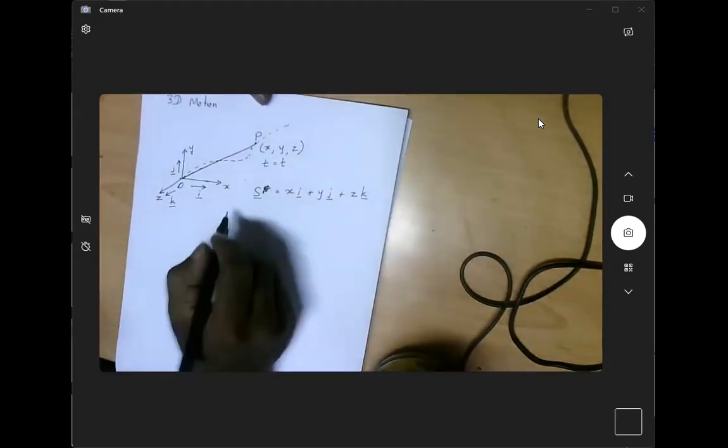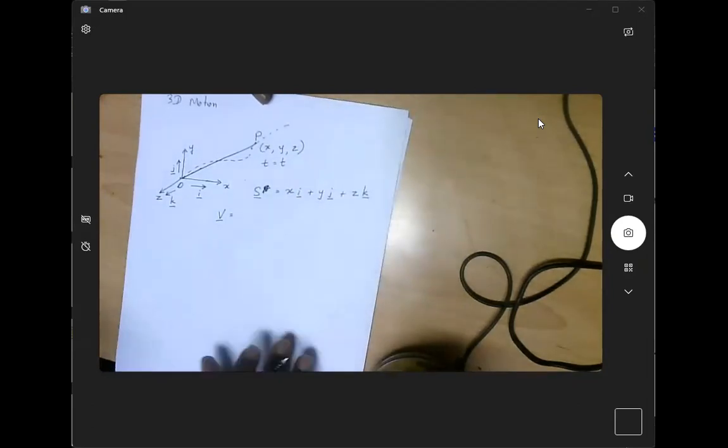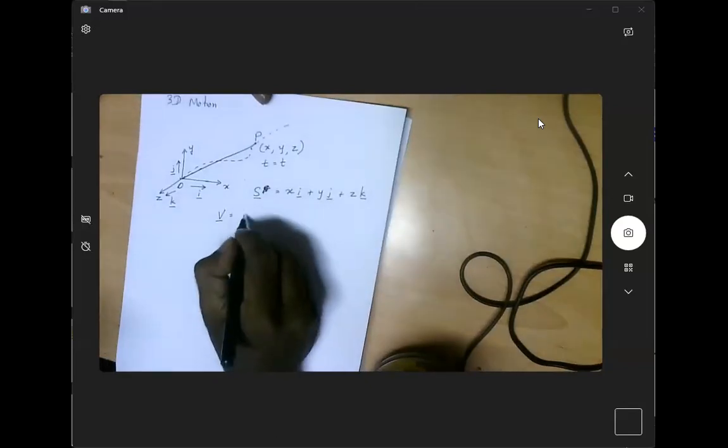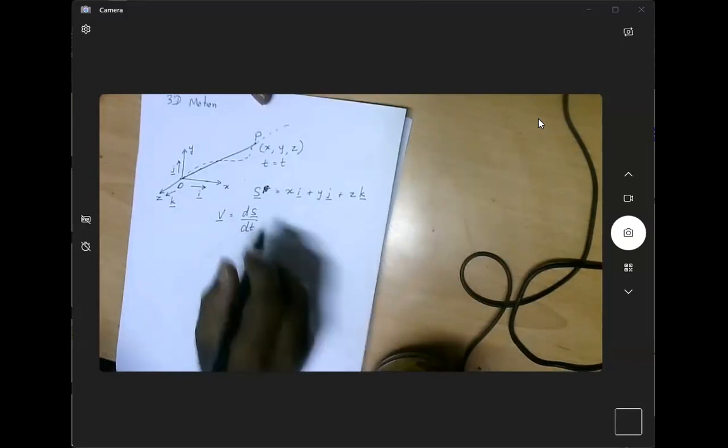And in the previous section, we saw that the velocity of this particle, again, this time it will be a vector, must be ds over dt, right?